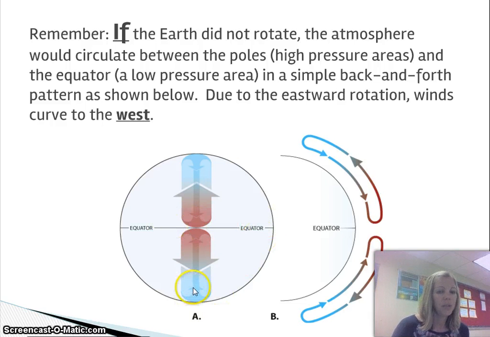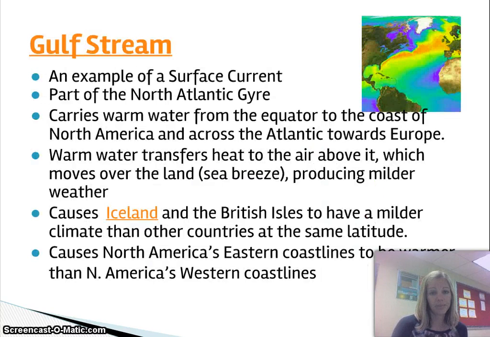Therefore, something that starts here is going to end up more on this area of the planet because of the way everything is moving underneath that air and water. Okay, so again, we get clockwise movement in the northern hemisphere, we get counterclockwise movement in the southern hemisphere due to the Coriolis effect. So this affects our gyres, the ocean gyres.